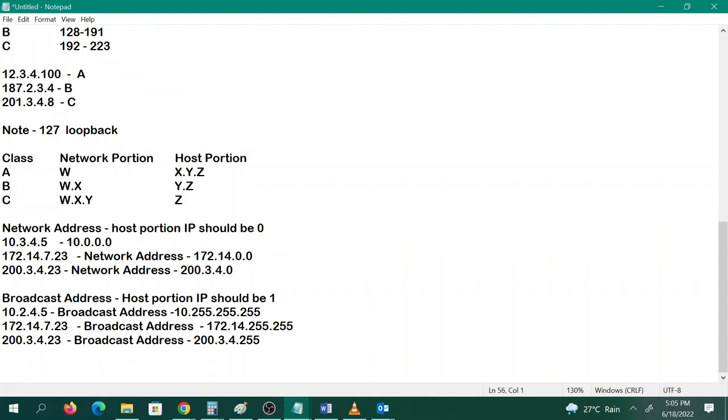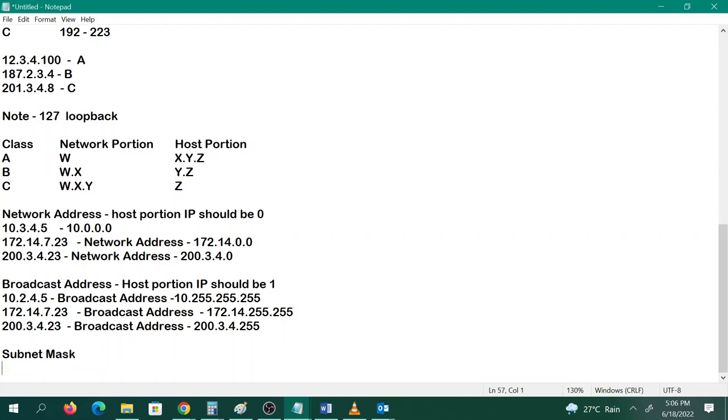Now we have to calculate the subnet mask. If somebody has given an IP and wants to know the subnet mask for that IP, first you need to decide which class the IP comes under, and after that you have to set all the network bits to 1 for the subnet mask.